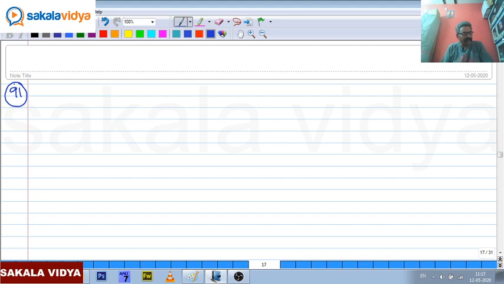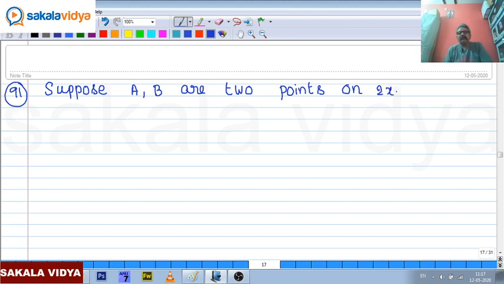Ninety-one. Suppose A, B are two points on 2x minus y plus 3 equals to 0, and P(1, 2) is such that PA equals PB.